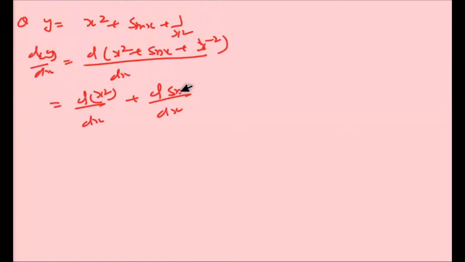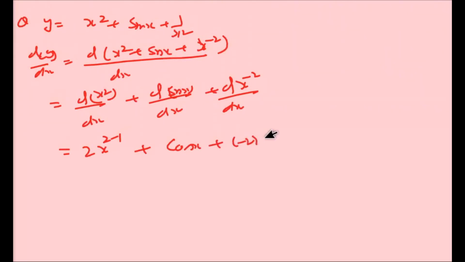As already described, you can do this in addition, subtraction, multiplication and division. Using x to the power n, the differential is n x to the power n minus 1, and the differential of sine x you have learned in the previous chapter, minus n x to the power minus n minus 1. So it is 2x plus cos x minus 2 x to the power minus 3.